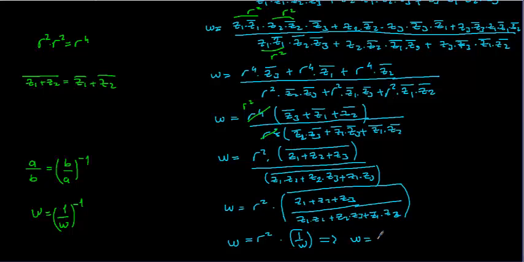W is equal to R squared times 1 over W conjugate, which means that W times W conjugate is equal to R squared. If W is a complex number, W conjugate is the conjugate of it, and if it's equal to R squared, which means that the modulus of W is equal to R.